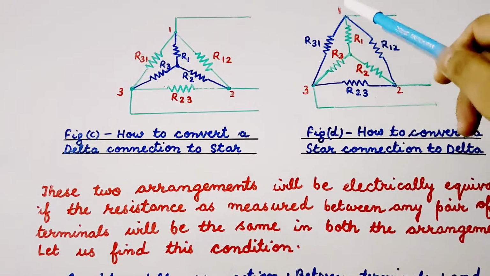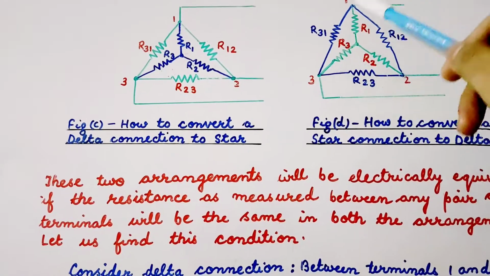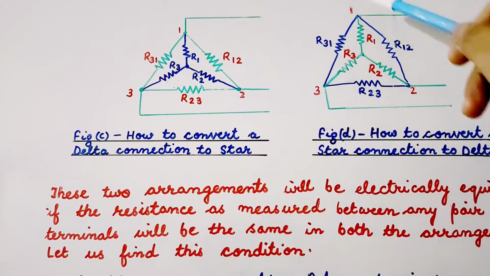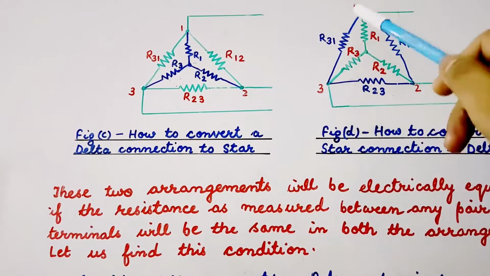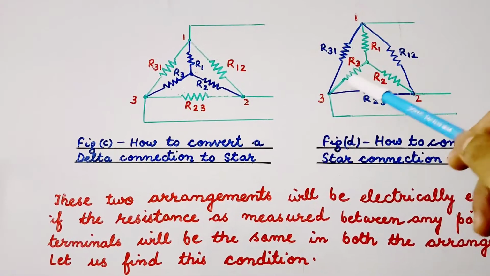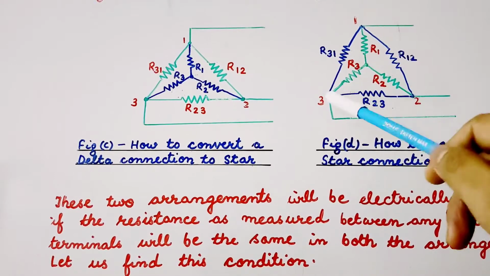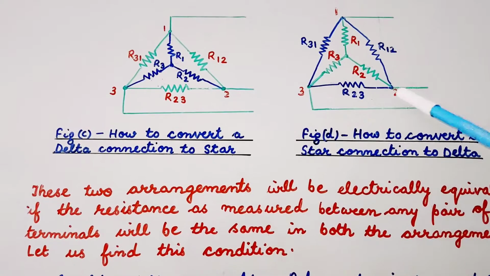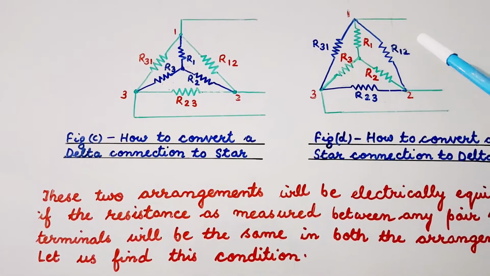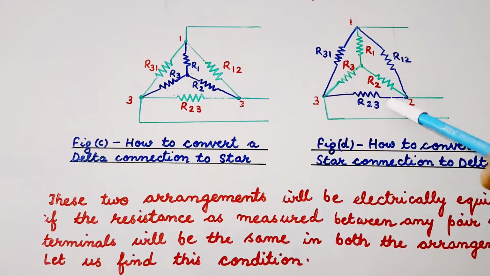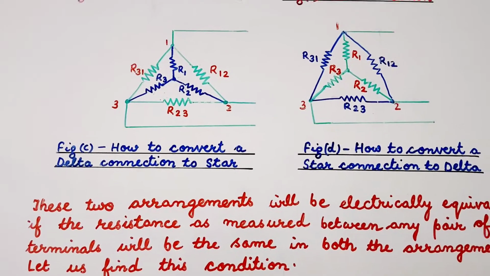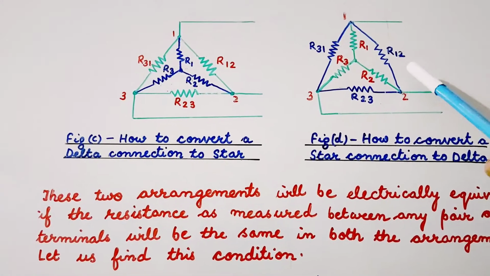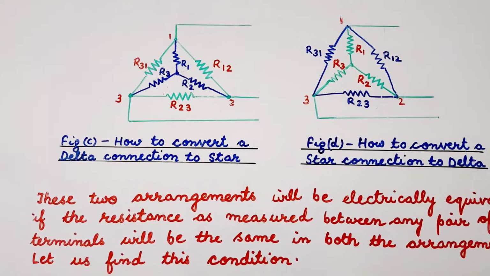For this we just draw the three resistances having the values R12, R23 and R31 in delta connection between the same terminals 1, 2 and 3, between which these three resistances are connected in star. After drawing this new resistance network in delta, our problem is to find the values of R12, R23 and R31. So let us see how we can obtain the formulas for R12, R23 and R31.